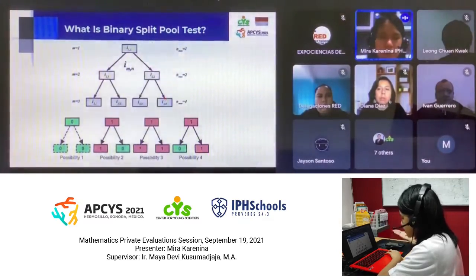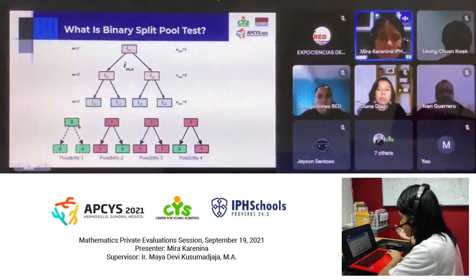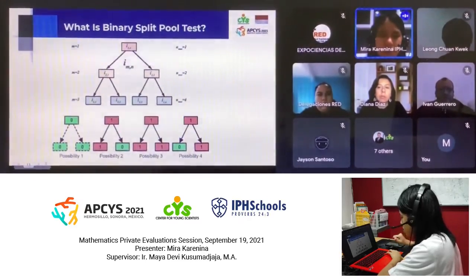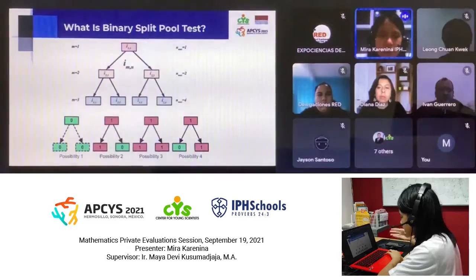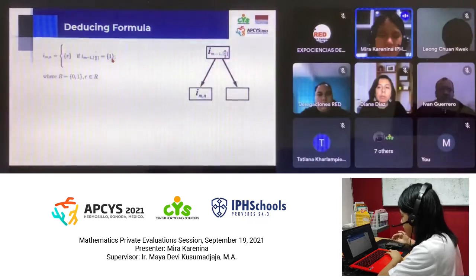But if the result is negative, like there, we don't need to actually test it again, because we know for sure that none of the samples are positive. The result will always be either 0 or 1 if the pairing is 1. But it will be null if the pairing is 0 or null.